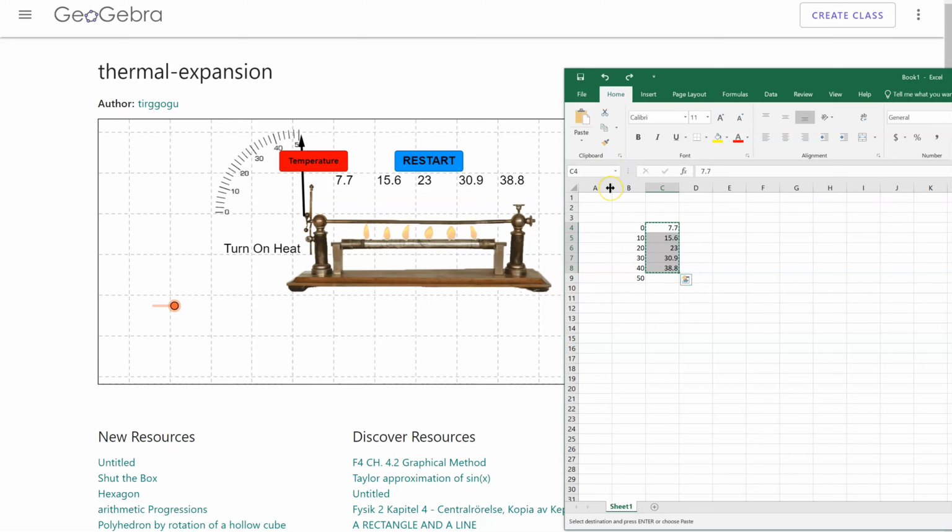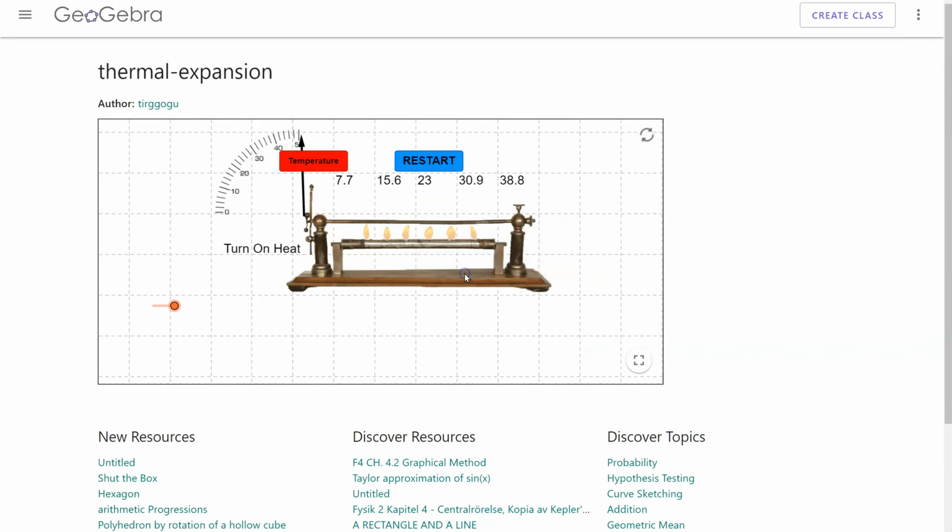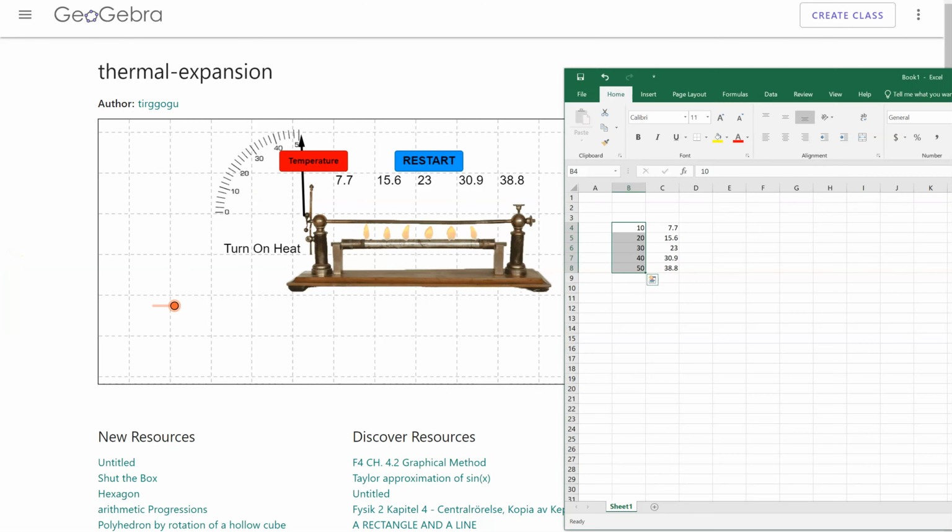I don't know what this thing's doing. Let's delete it from there. Let's move it down here. Alright, fine. I'll do it this way. Grab these guys and drag them up there.